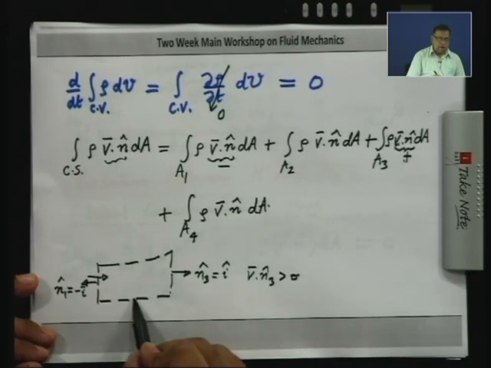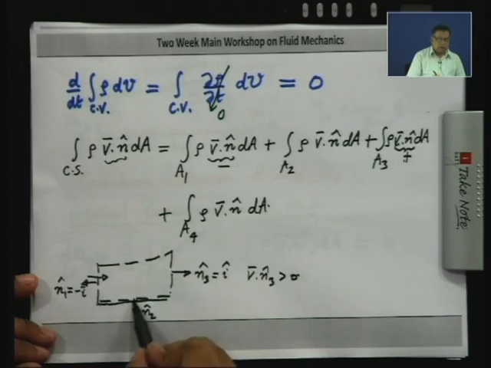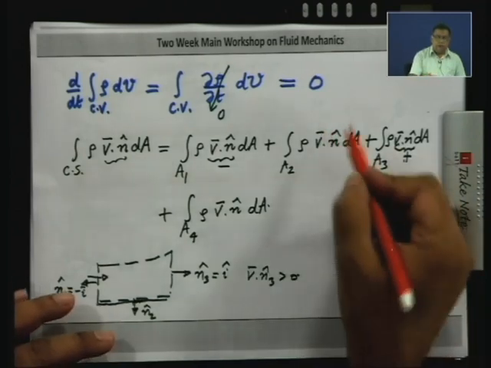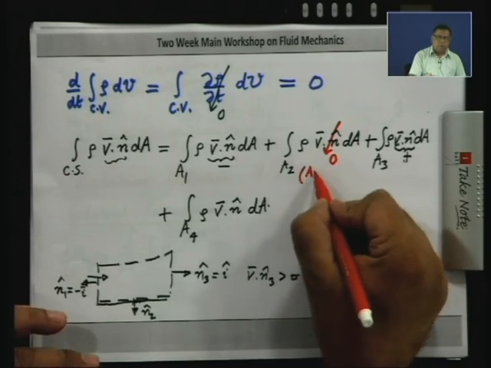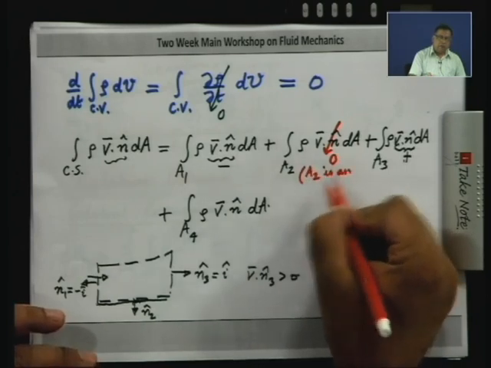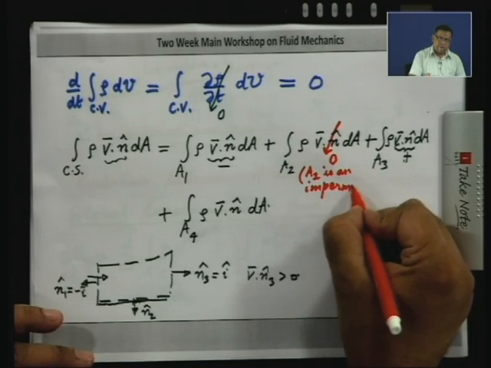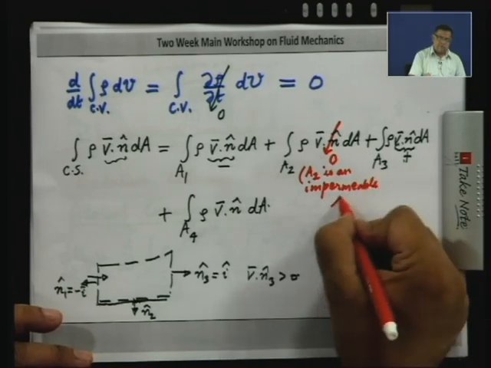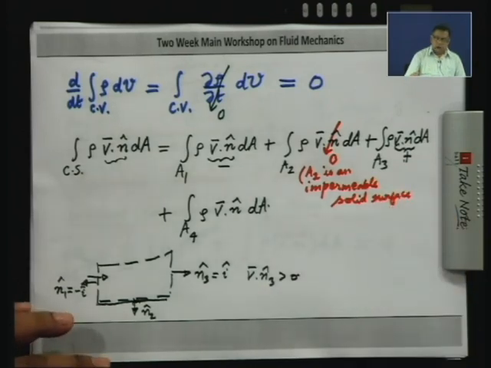Now, the surface 2 is an impermeable surface. So, the normal velocity will be 0, this we have discussed earlier. Therefore, V dot n on this surface will be 0, the reason being A2 is an impermeable solid surface. Now, let us come to the surface 4.